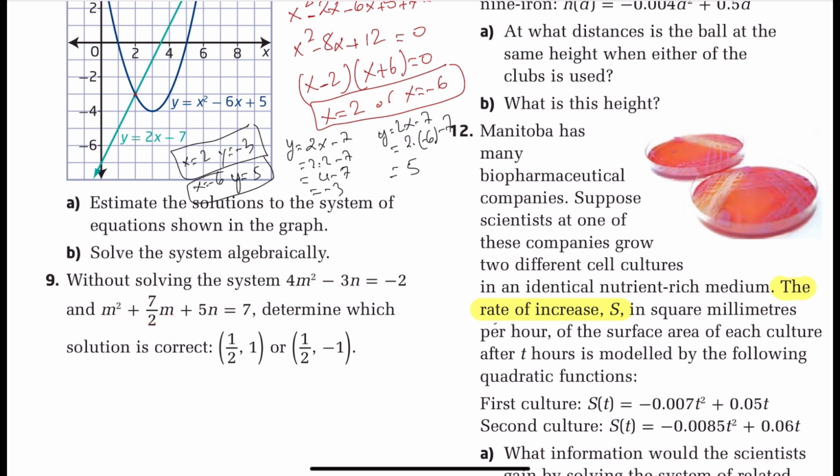So both of them are up. These two parabolas are up. This is 1, this is 2, and determine which solution. I have a point, either a half and 1, which means x is a half and y is 1, or x is a half and y is minus 1.